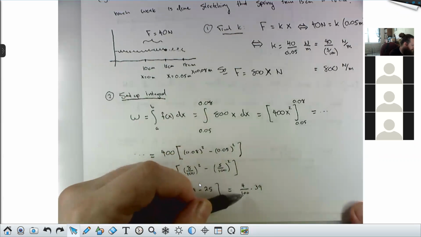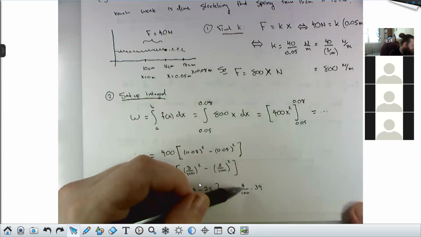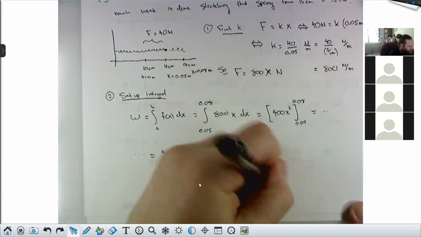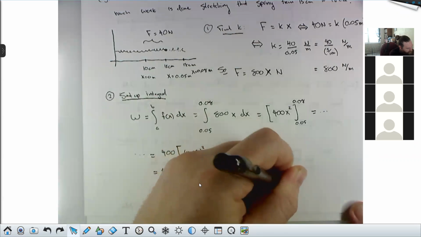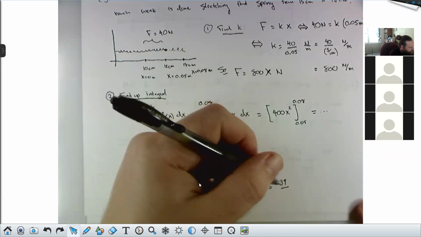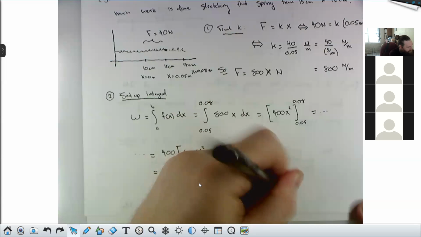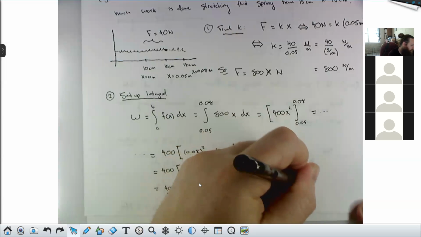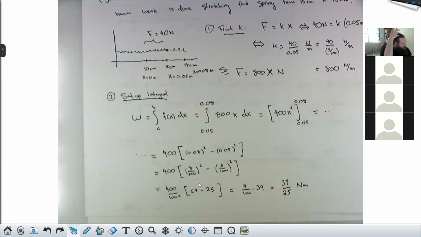If you divide top and bottom by, oh, this is divisible by 4 also, isn't it? Yeah, so that's 39 over 25. And the units here would be newton meters. Not too bad, right?